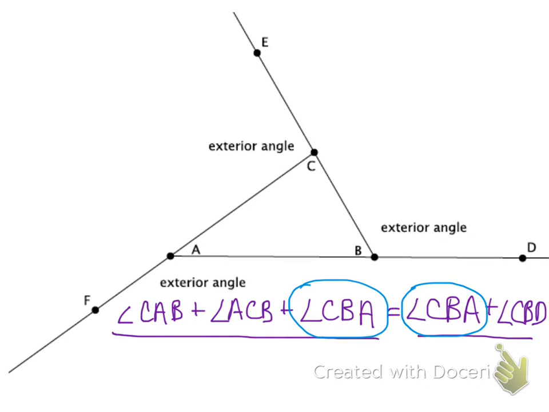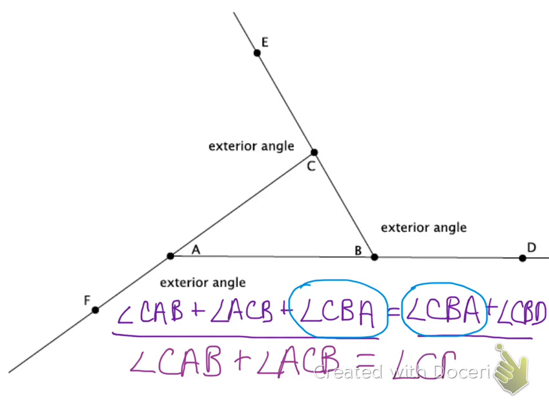So we can get rid of that. And that's this angle right here, CBA. And so what we find is that the measure of angle CAB plus angle ACB is equal to angle CBD.